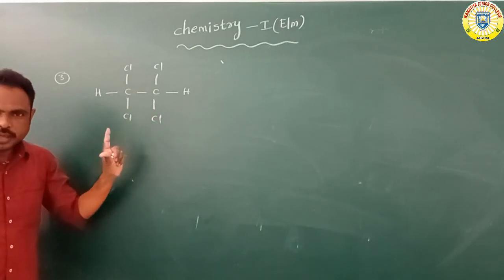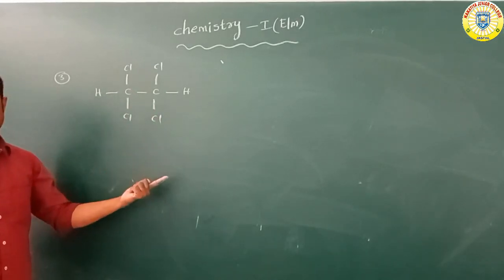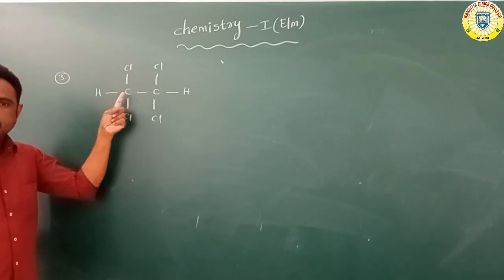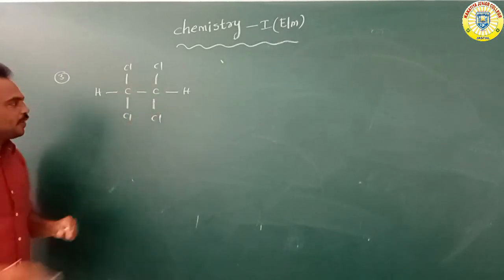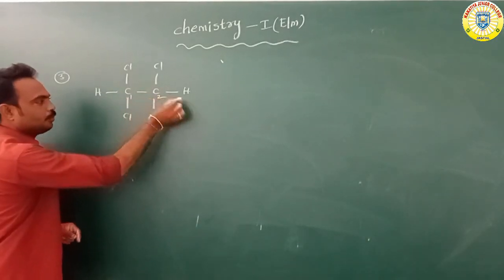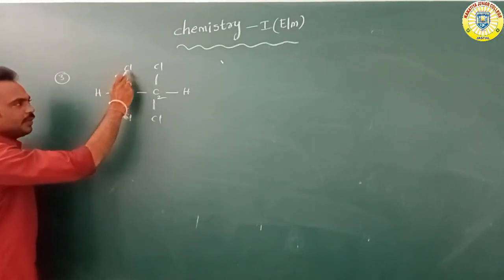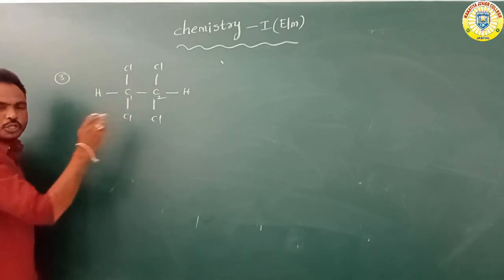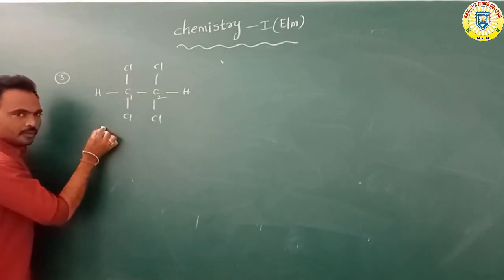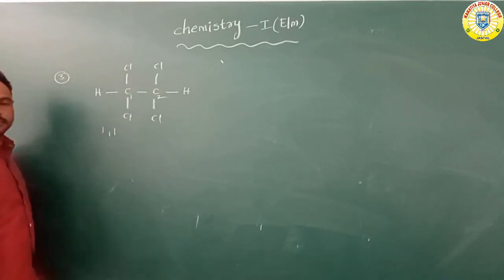So we give the numbers from either side, left or right carbon. Suppose for example we give the numbers 1, 2. The first carbon is attached with two chlorine atoms, so we write 1, 1.